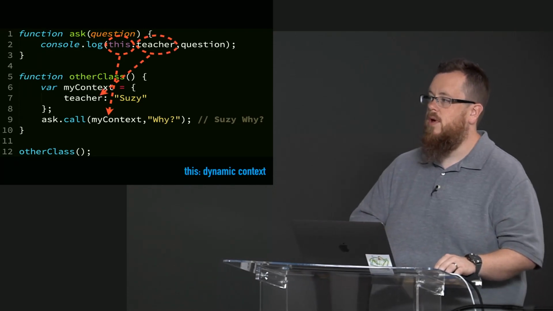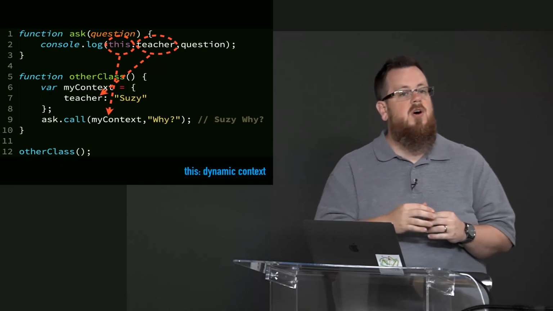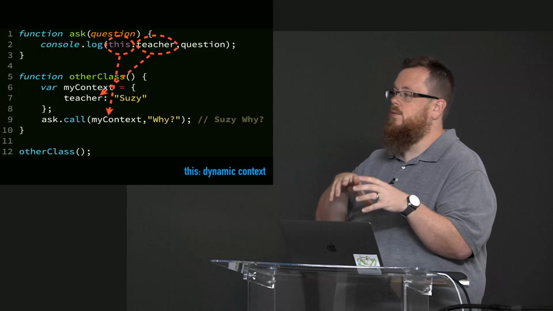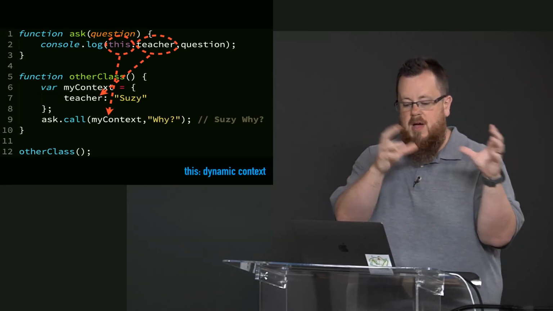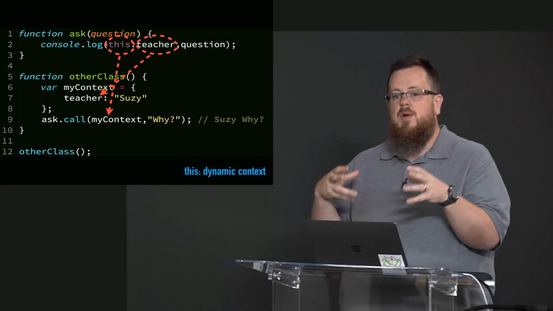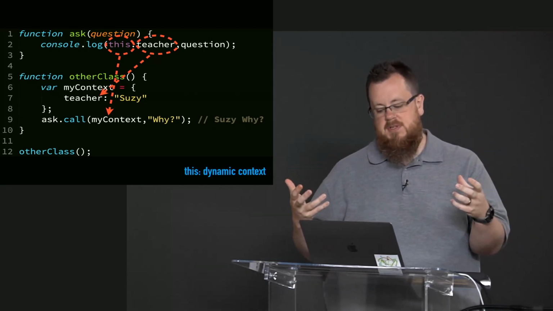So teacher then points at the teacher that we defined in the myContext object on line 7. So that's another way of invoking a function. On line 9, when we say .call on a method, instead of saying workshop.ask or myContext.ask, here we just said ask.call, and we gave it an object to use for the this keyword. That's called an explicit binding.